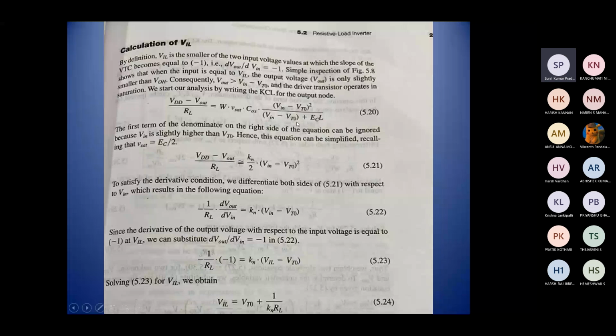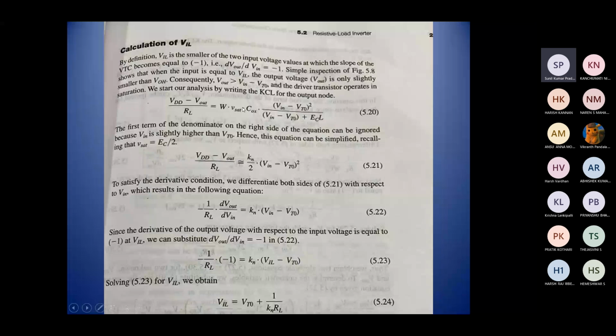This is important. The first term of the denominator on the right hand side of the equation can be ignored because Vin is slightly higher than the threshold voltage. Hence this equation can be simplified, with Vsat equal to Ec by 2.